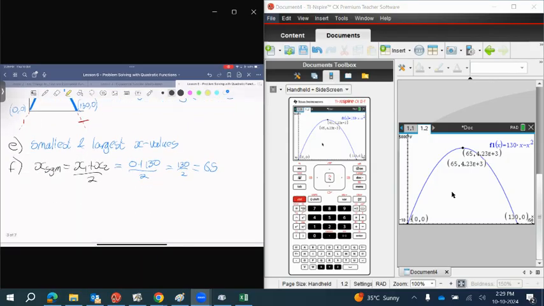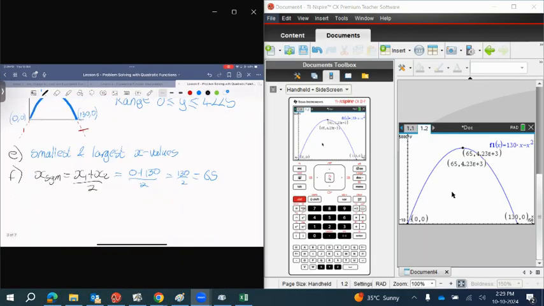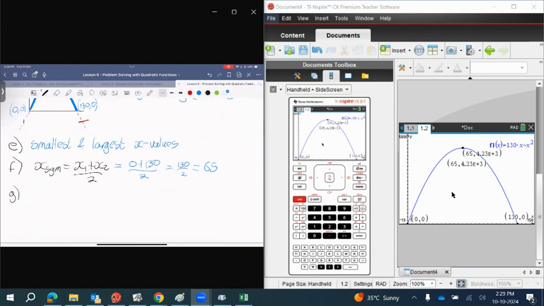So in our last part, we're asked to say what the equation of the symmetry line is. This is the length, 65, that will produce the maximum area.